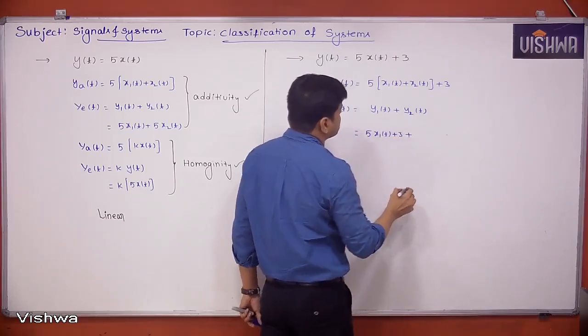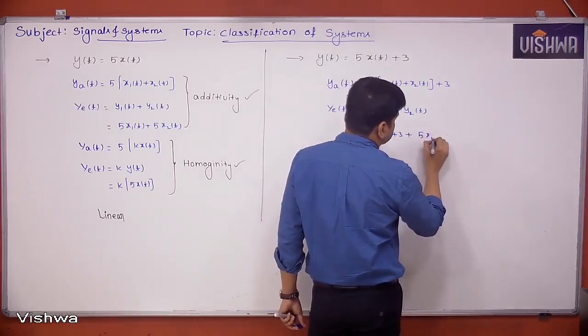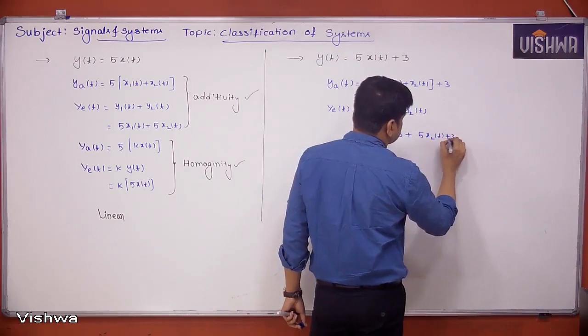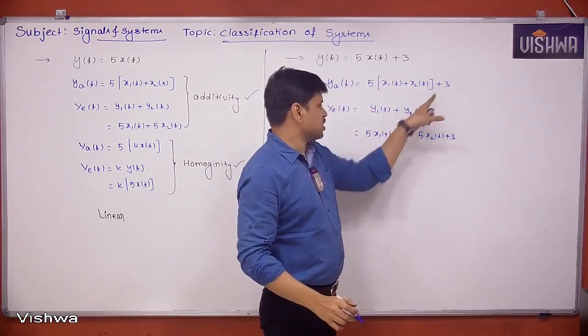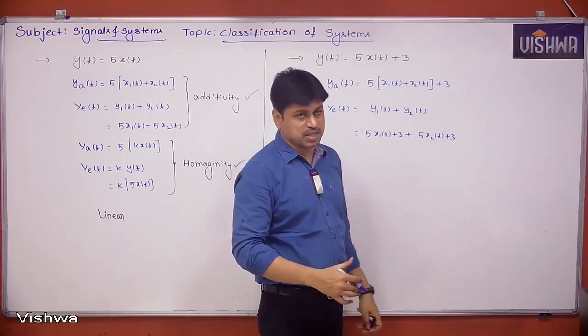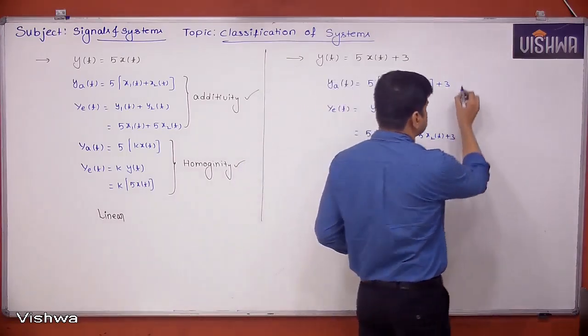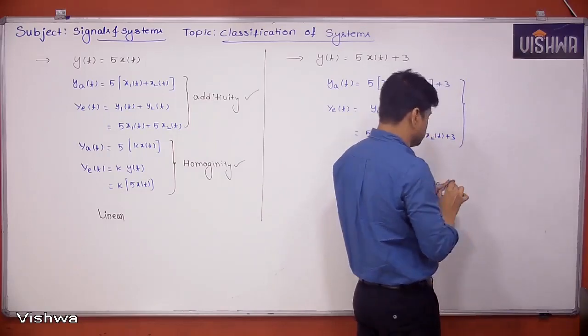What is y2 of t? 5 x2 of t plus 3. So here let's see, 5 x1 of t and 5 x2 of t are there, plus 3. But here plus 3 and plus 3 is nothing but 6. So here it is not satisfying the additivity principle.